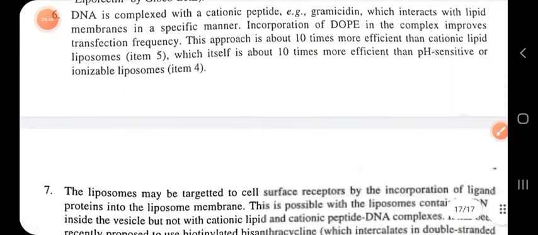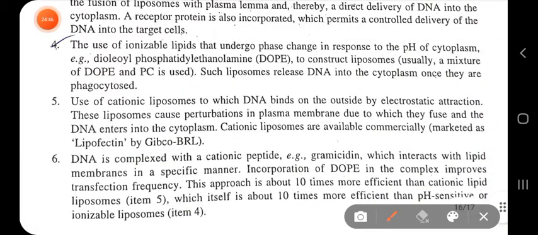Okay, more to go. The fifth point is the use of cationic liposomes, to which DNA binds on the outside by electrostatic attraction. This is another approach we can use.